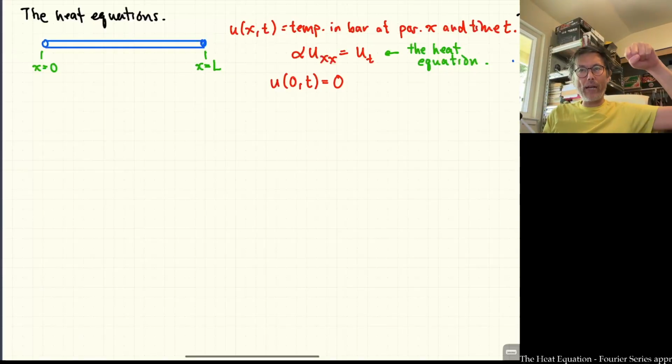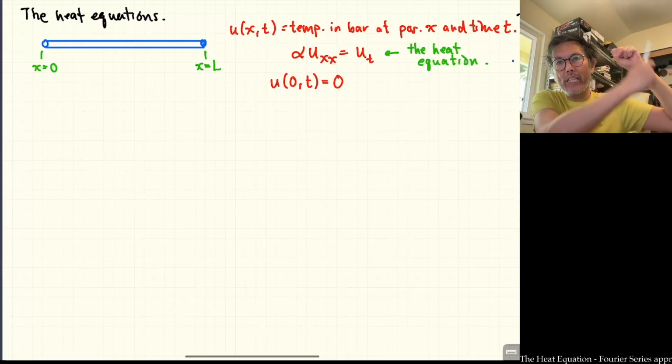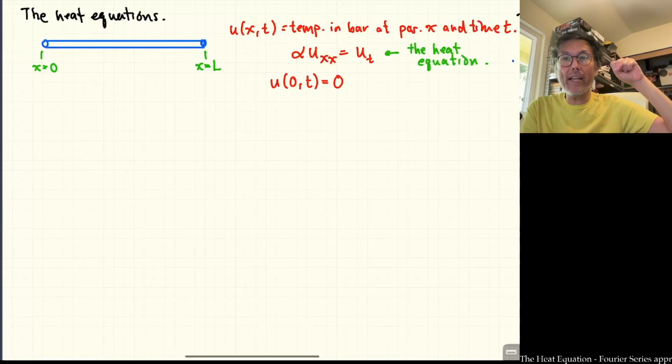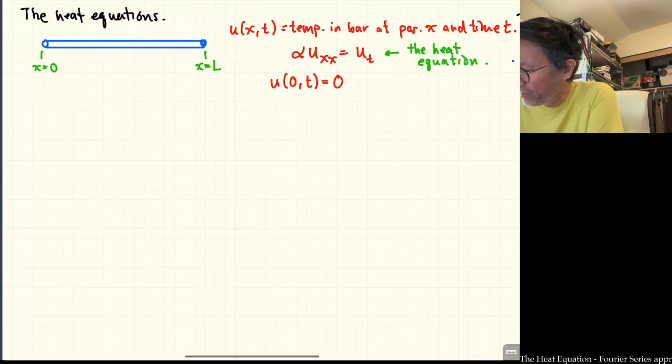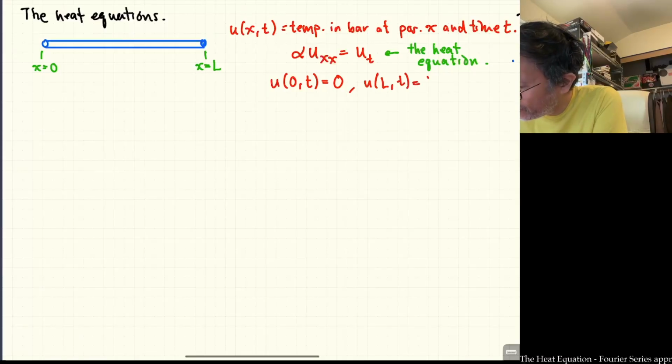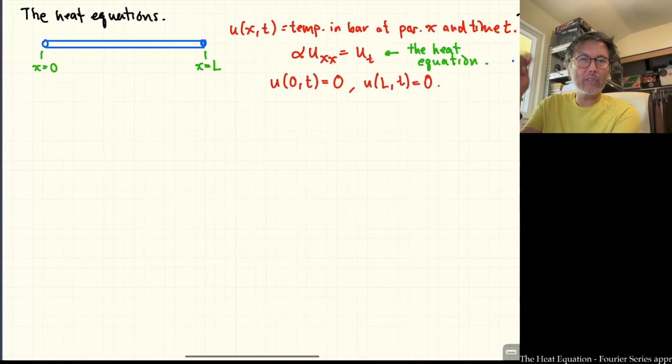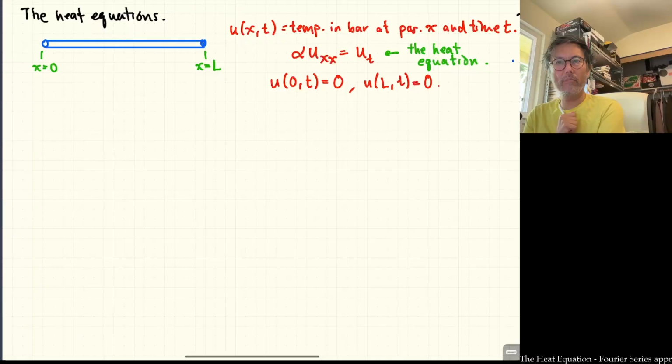You might imagine that the left hand side of that bar has its temperature maintained at 0 degrees. Similarly, we'll do the same thing on the other side: u of L comma t is equal to 0. The temperature at x equal to L is also going to be 0. You might imagine they're sitting in an ice bath or something like that, and the temperature is maintained at 0 degrees on either side. These are called boundary conditions.